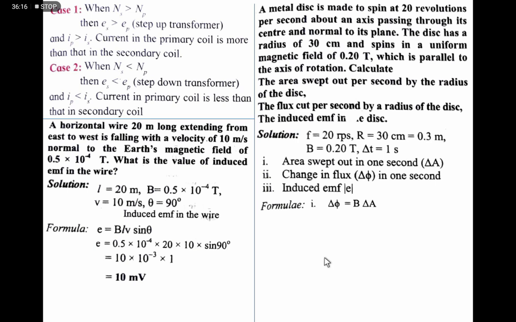Delta phi: we know that phi is equal to magnetic field into area. Here we have change in flux and change in area.